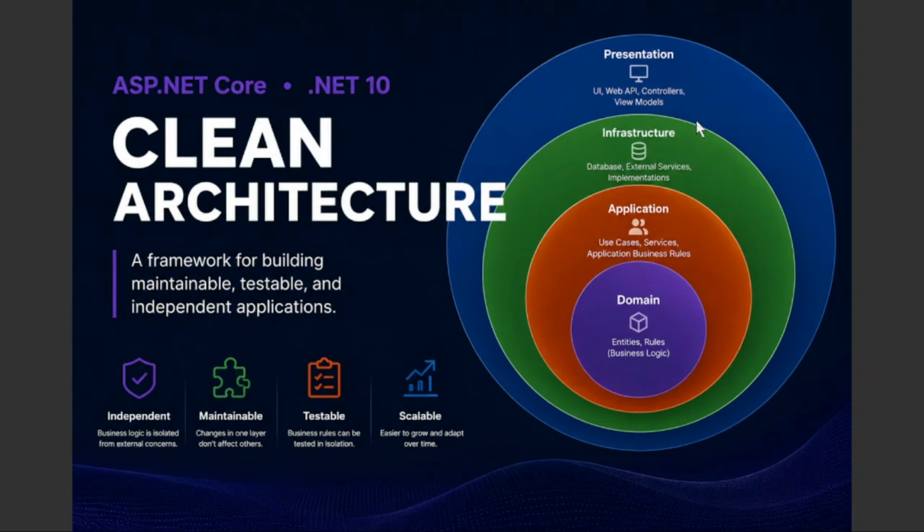Then comes the presentation layer. This is what users interact with. For example, ASP.NET Core, Web API, MVC, Razor Pages, Blazor, Angular, mobile apps, whatever. Controllers belong here. Endpoints belong here.